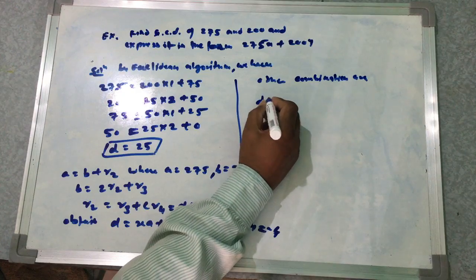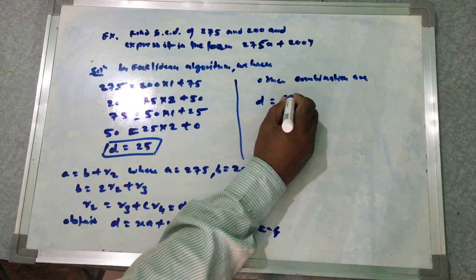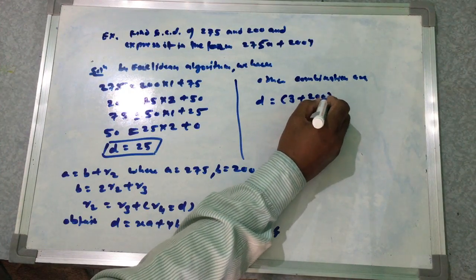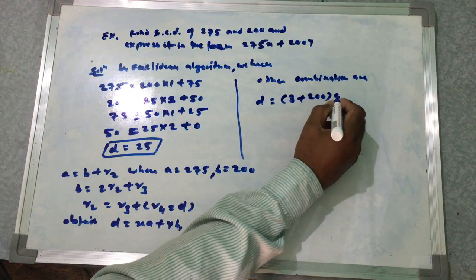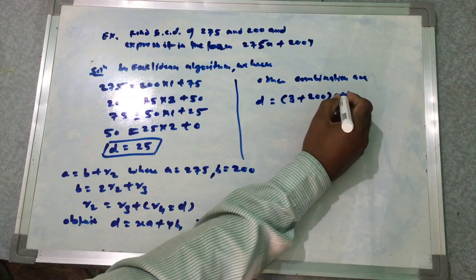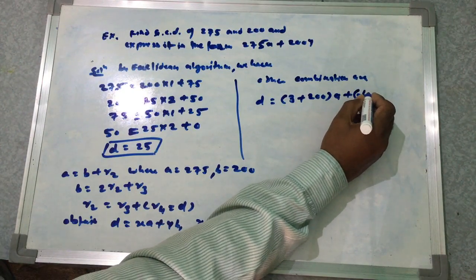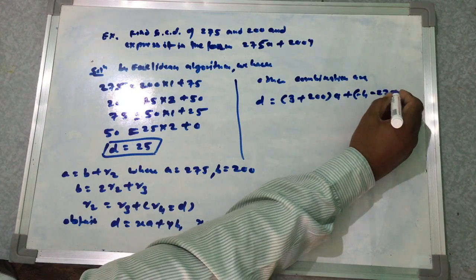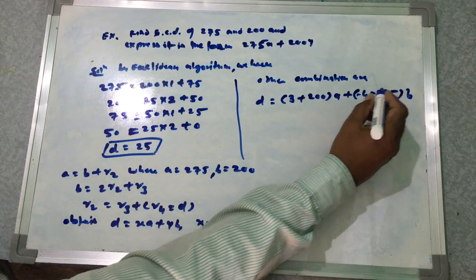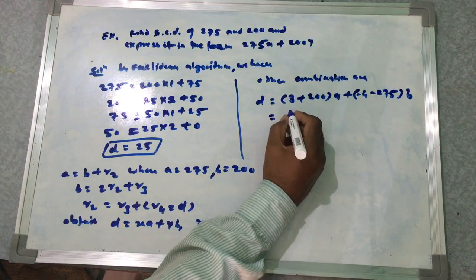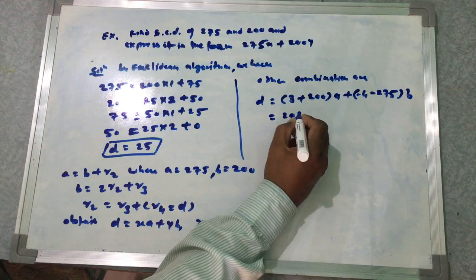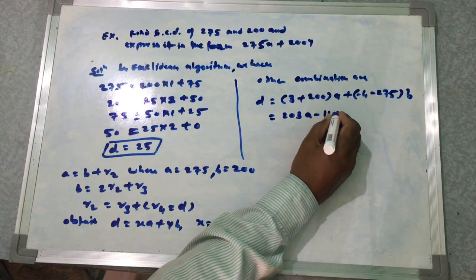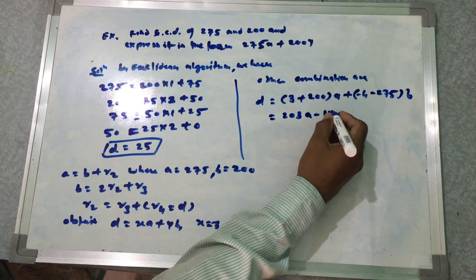Or d is equal to 3 plus 200 a plus −4 minus 275 into b. This is equal to 203a minus 1100b.